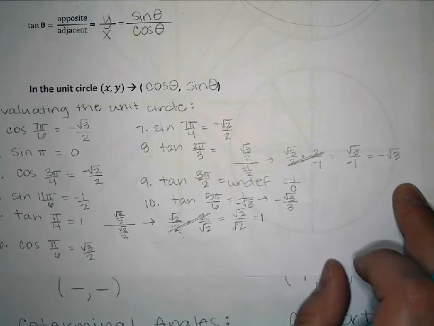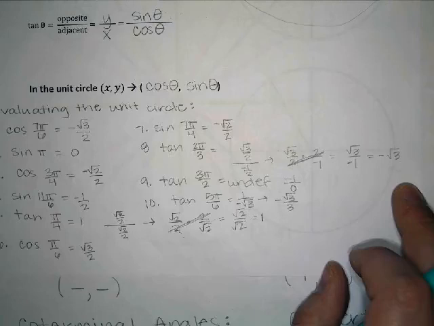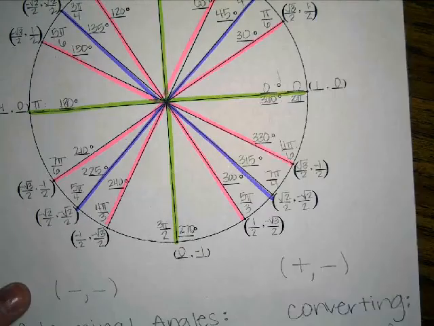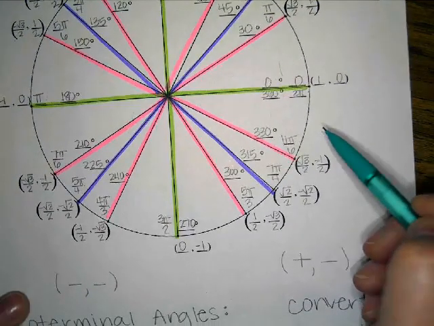Okay, how do your brains feel about those problems so far? Brains feeling good? Could you connect them on the unit circle? Yeah, if you wanted to. I wouldn't put it on your normal unit circle because you need to be able to do them quickly in your brain.